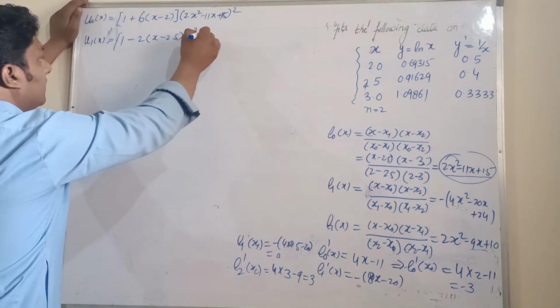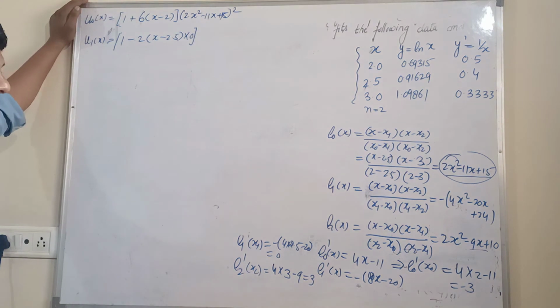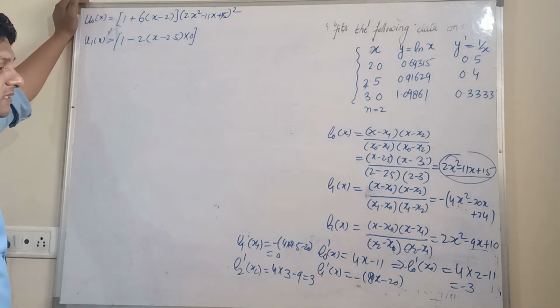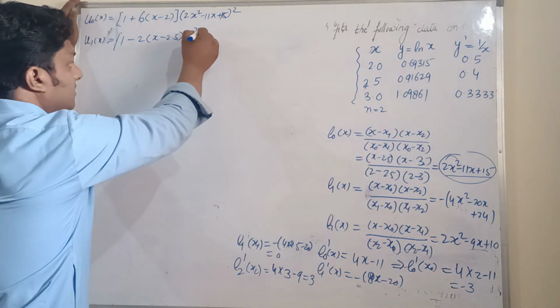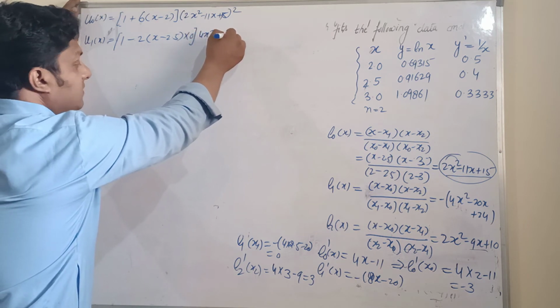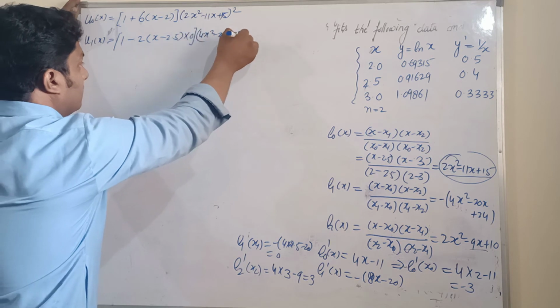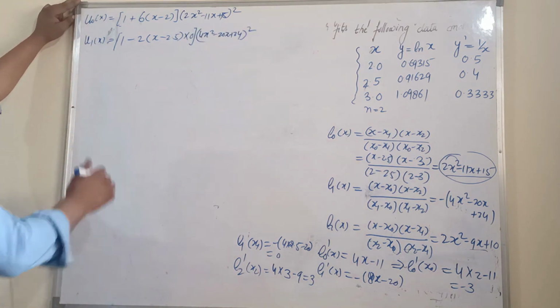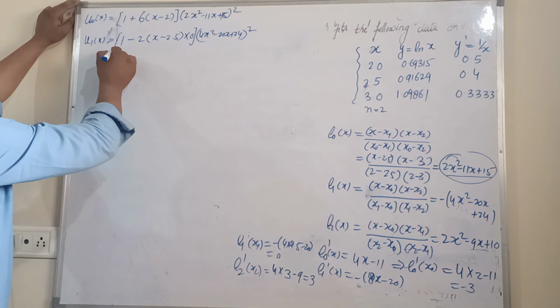And then L1(x) squared, that is (4x² − 20x + 24) squared.